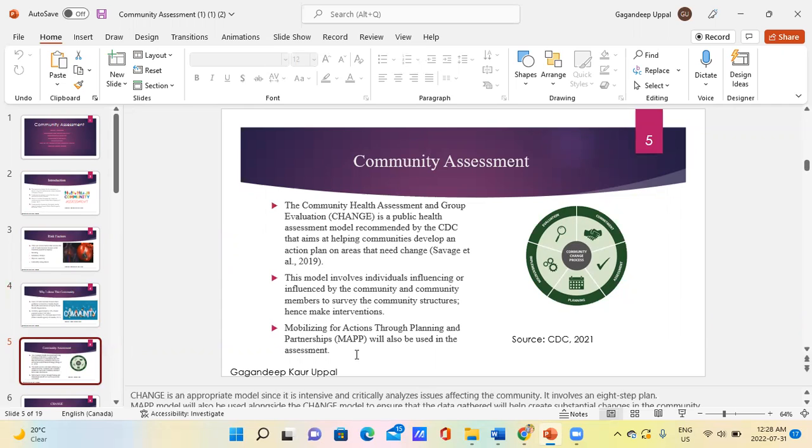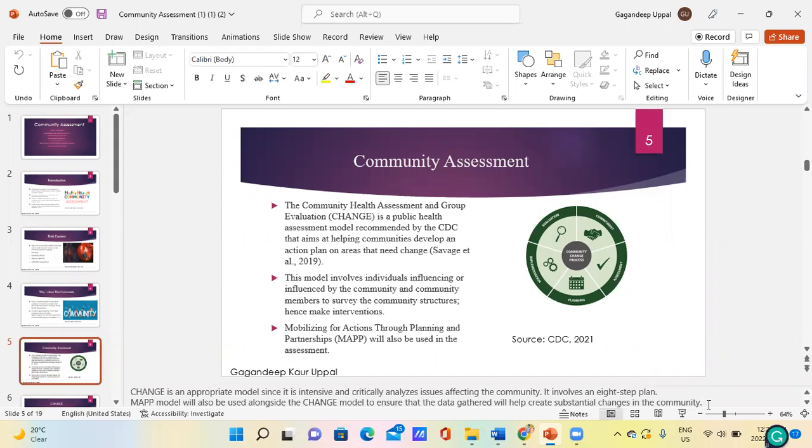Mobilizing for actions through planning and partnership will also be used in the assessment. So CHANGE is an appropriate model since it is intensive and critically analyzes issues affecting the community. It involves an eight step plan. MAP model will also be used alongside the CHANGE model to ensure that the data gathered will help create substantial changes in the community.